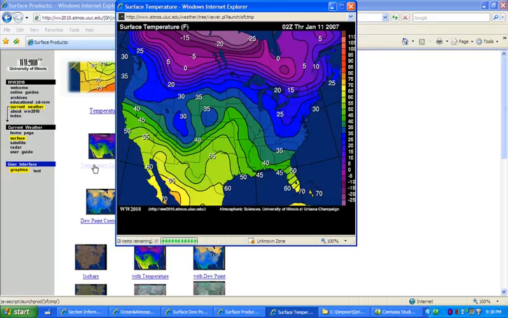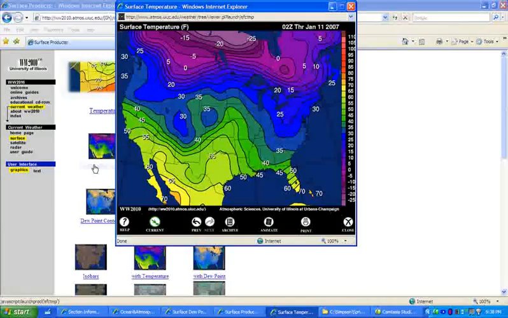Now, what you're about to see here is the temperature at 2Z on January 11th, which is the evening of January 10th. You see all of these colors corresponding to temperature. The colder or violet colors correspond to colder temperatures, the green to warmer temperatures, and in between you have gradients of blue.